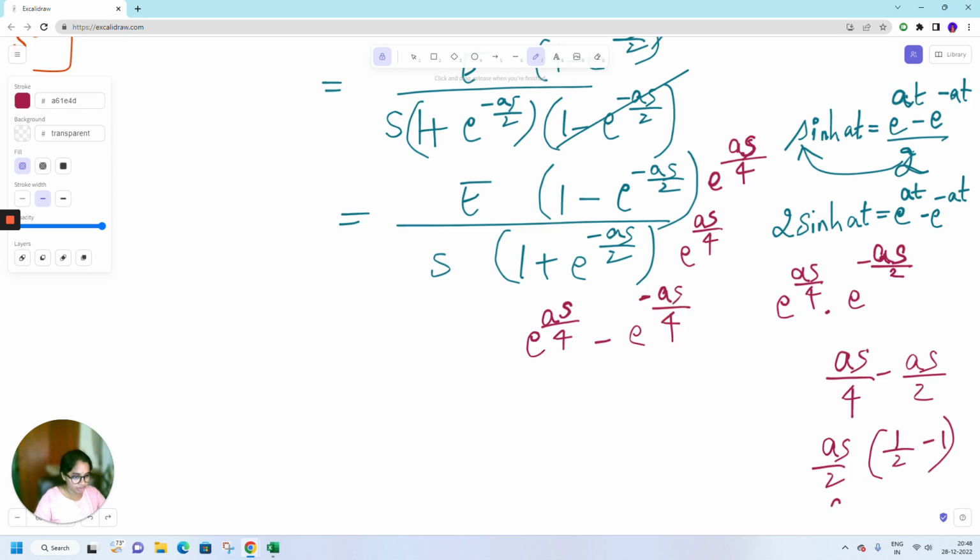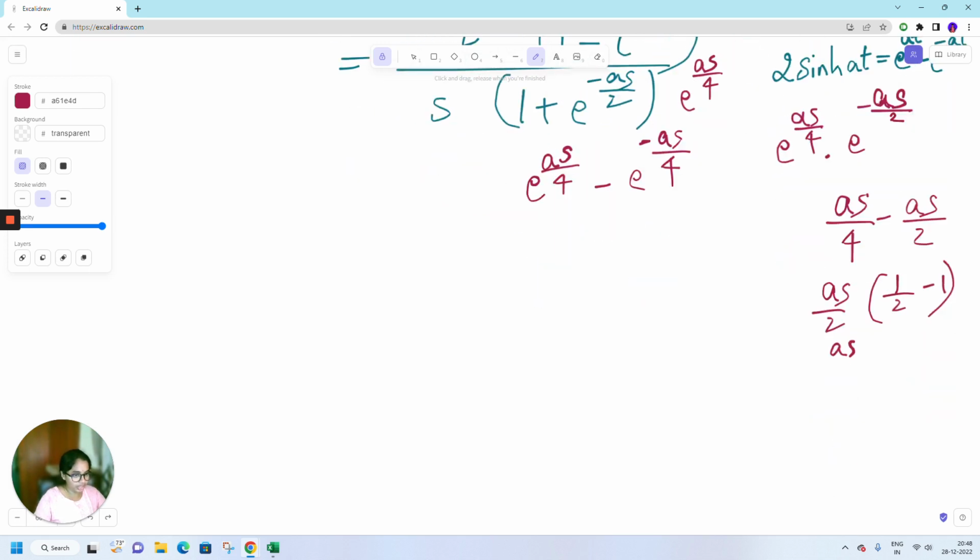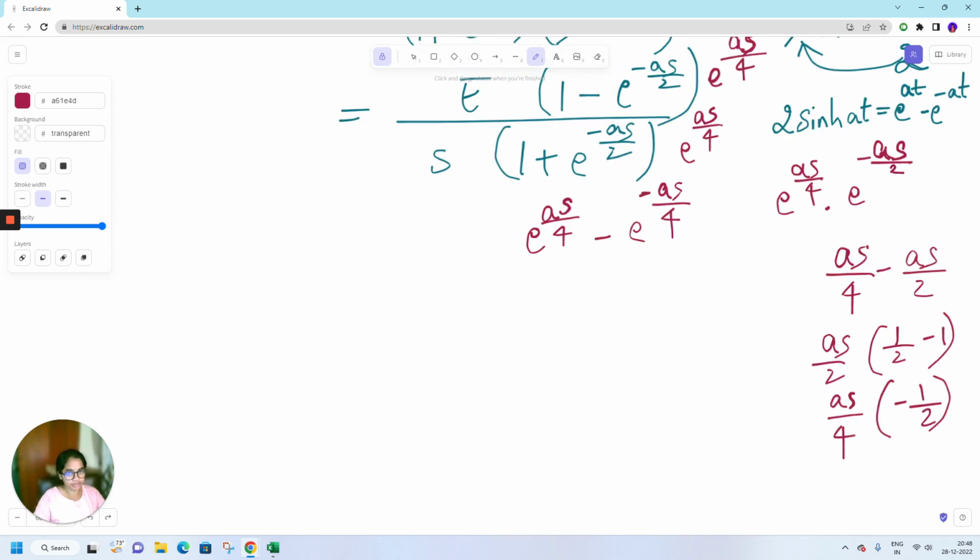Why? Because s by 4 into minus half is minus s by 4. Here, same logic, you would get e power minus s by 4.